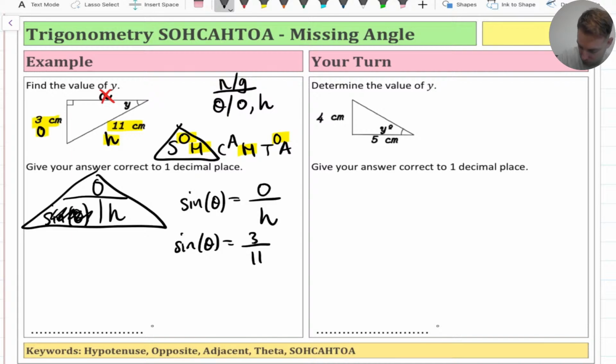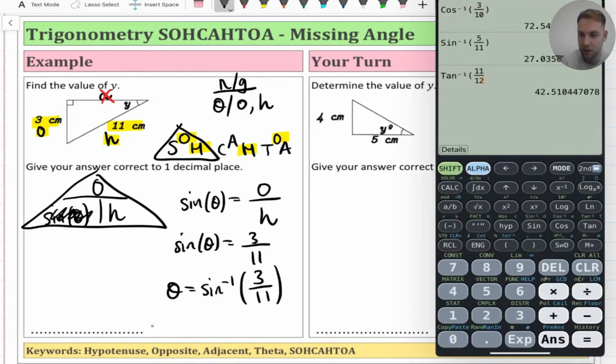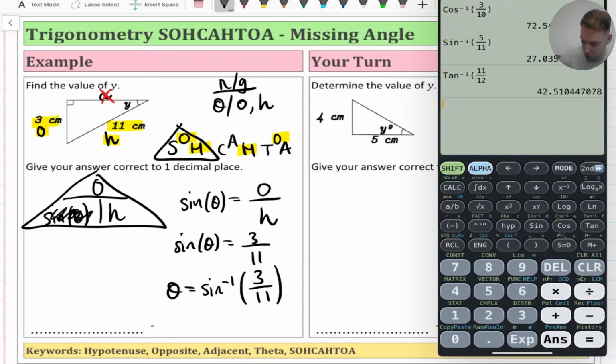So shift sine to the minus 1 of open bracket fraction 3 over 11, close that bracket there. And it gives me 15.8 degrees.